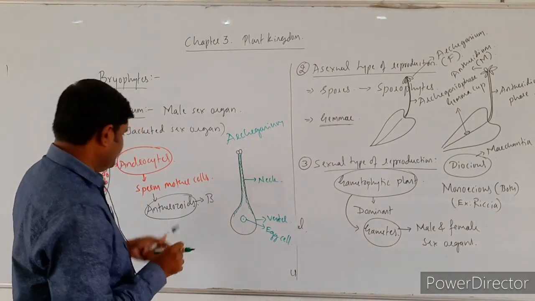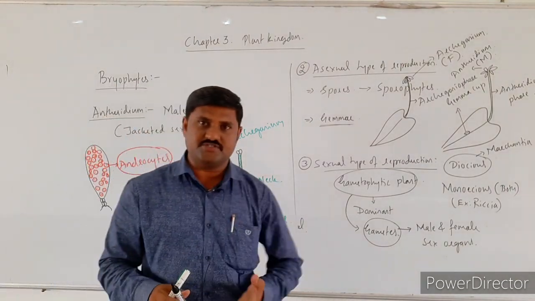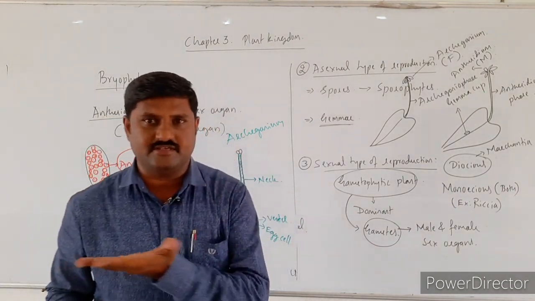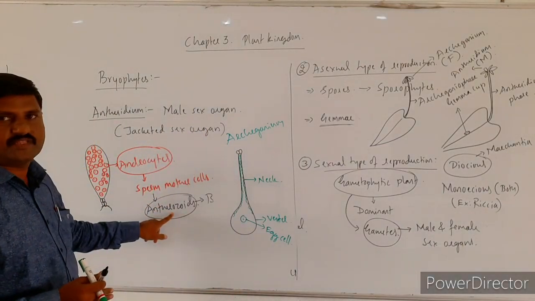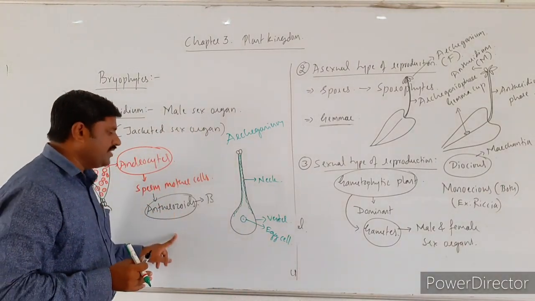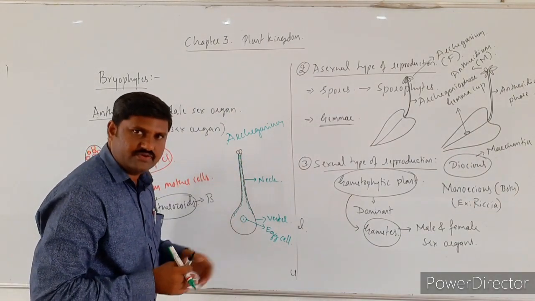Since these plants usually grow in moist soil which contains a thin film of water, the antherozoids, the male gametes, swim in the water and come to the archegonium.